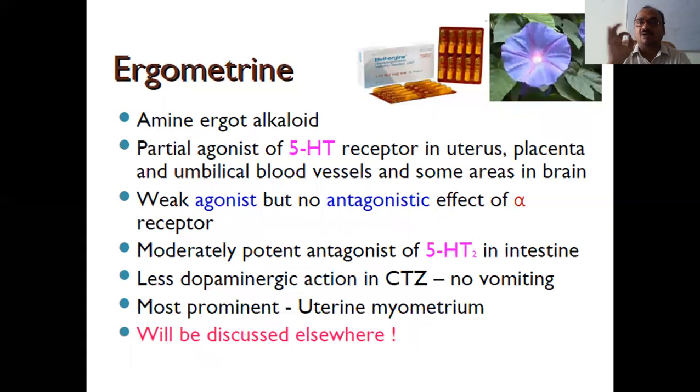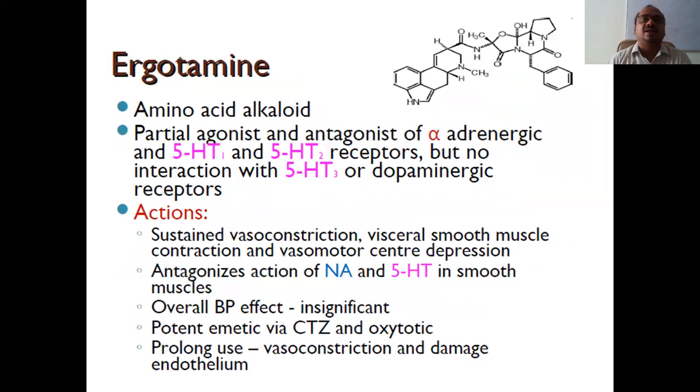Ergot, ergot, ergot. Moderately potent. Again, antagonist of 5-HT2 in the intestine. Now, ergotamine. This is a structure, but generally not required. It is also in the CTZ, chemoreceptor trigger zone, a potent emetic.